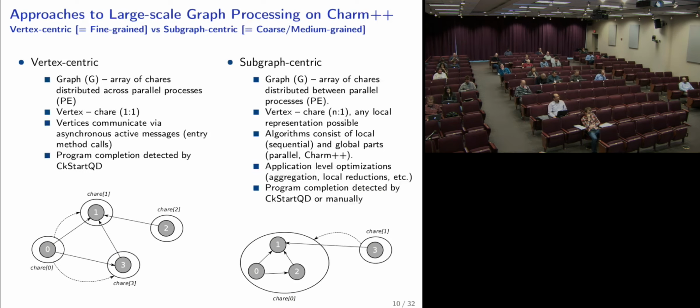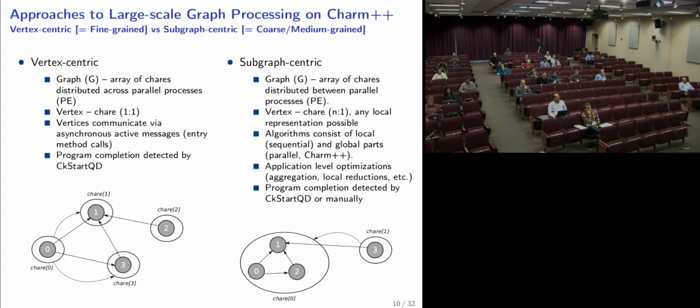Another approach is to use subgraphs in Charm++ chares and to manually distribute vertices to chares. It allows obtaining coarser parallelism, but takes more time to develop an application.